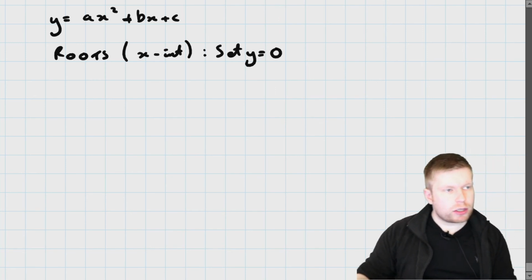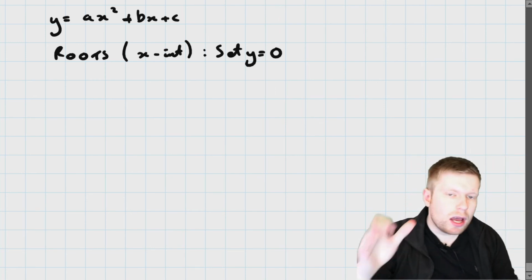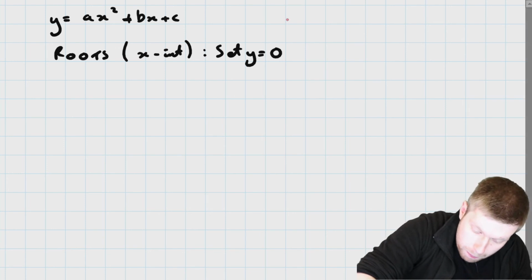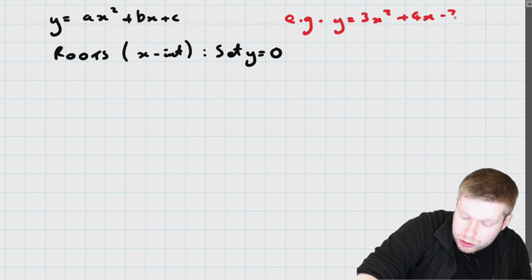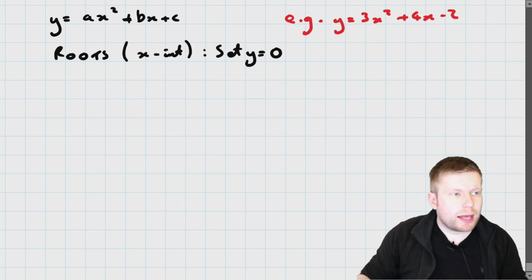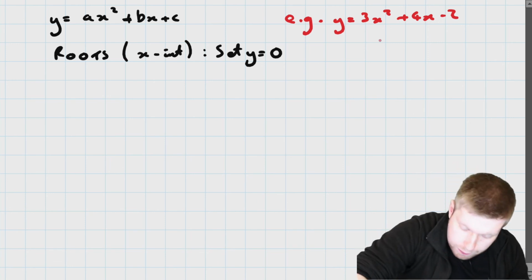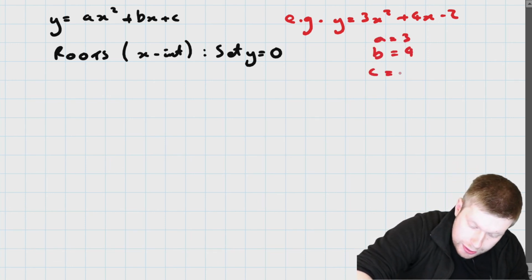Okay, so starting off with a general quadratic where a, b and c are just general numbers. So for example, I could have something like y equals 3x squared plus 4x minus 2. Okay, I could end up with something like that. So a in this case would be 3, b would be 4, and c would be negative 2.